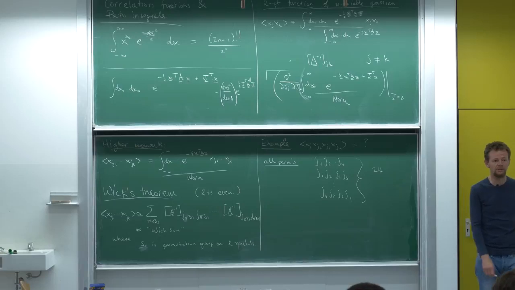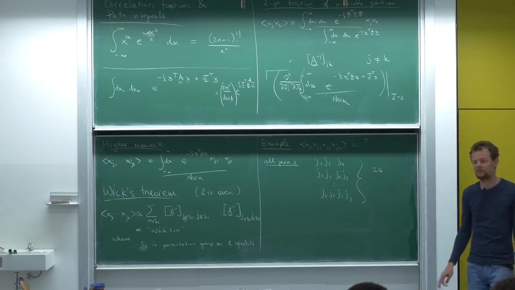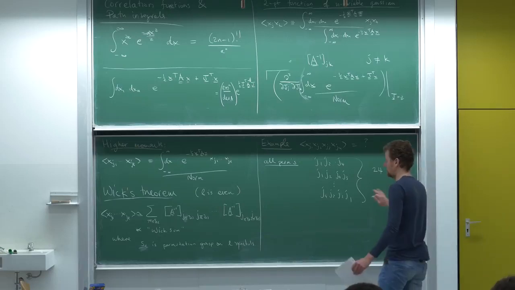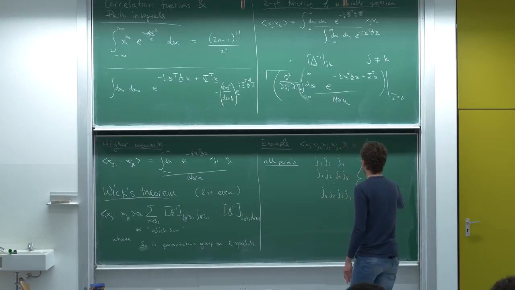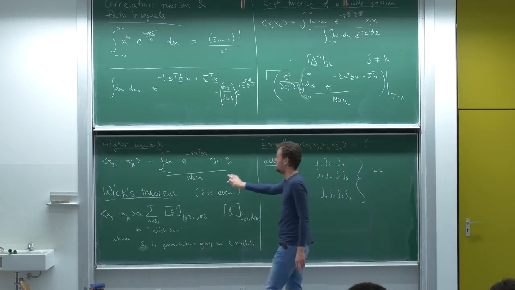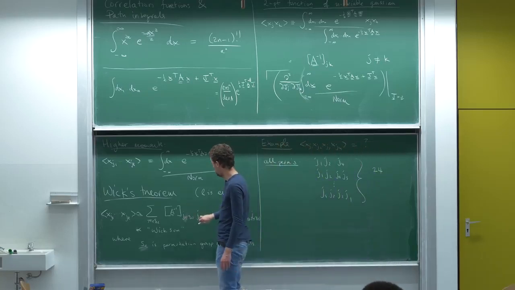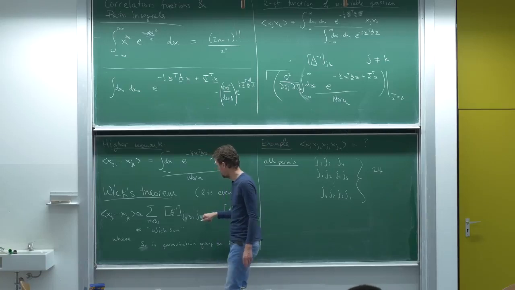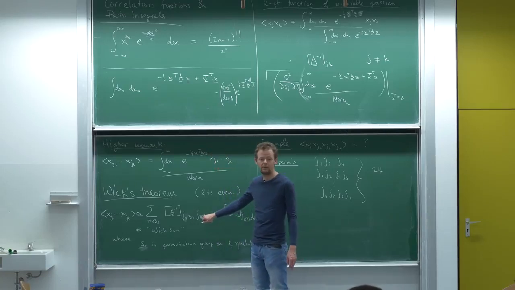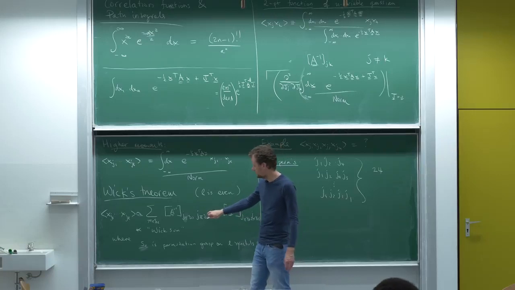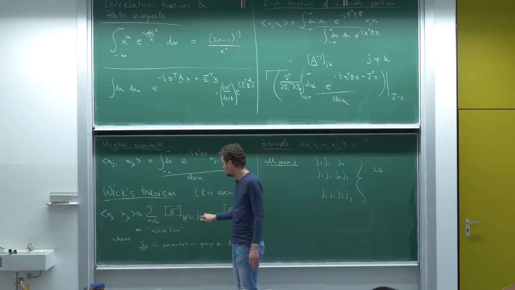There's 24 permutations, but how many of them lead to the same answer? Well, any time, as we've observed just before, any time you have pi(1) is 2 and pi inverse of 2 is 1, you can get the same answer as if you had 1 or 2.